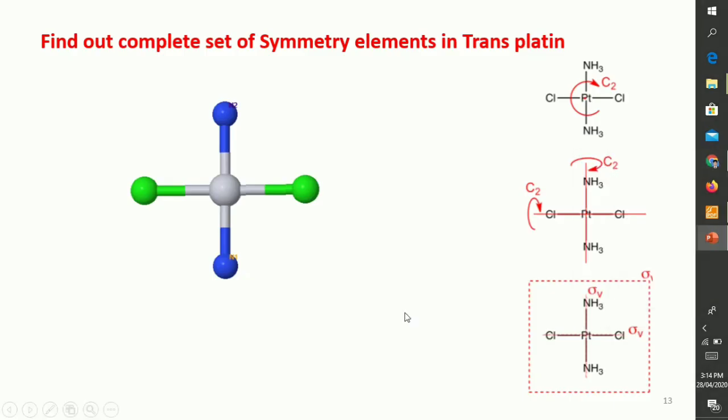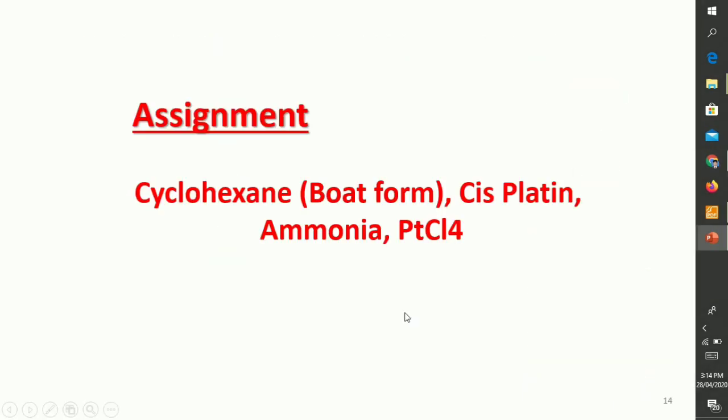This is all about this, and I would like to assign some molecules for your practice to find out the possible symmetry elements along with their operations and send them back to me through Google Classroom or in comments. For example, you need to find the complete set of symmetry elements of cyclohexane in boat form. We have studied the chair form already.